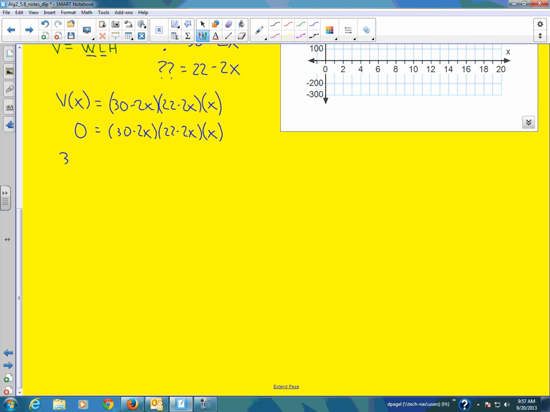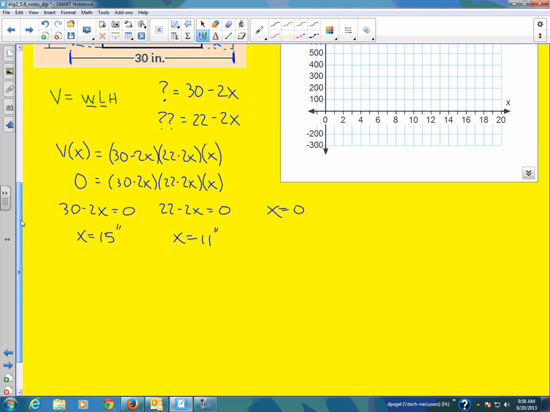So we have our zero product property for each of these parts. And we discover that x is equal to 15 here, and x is equal to 11. And since we're talking in units, we're going to talk about them being in inches.